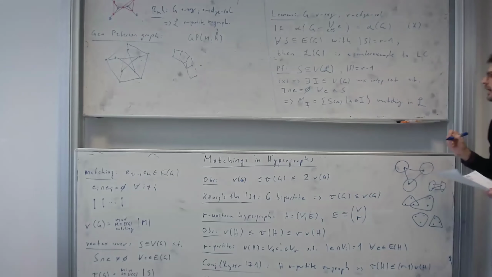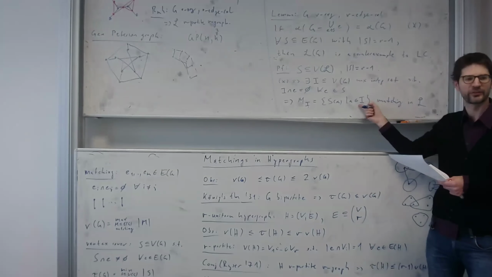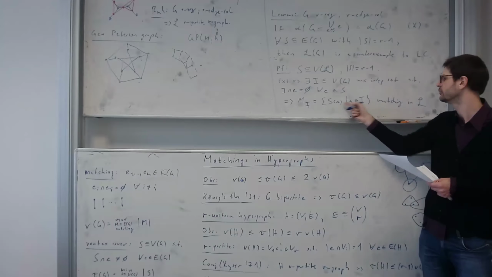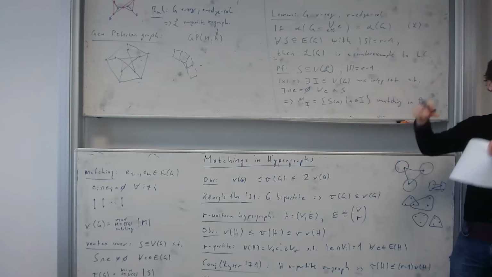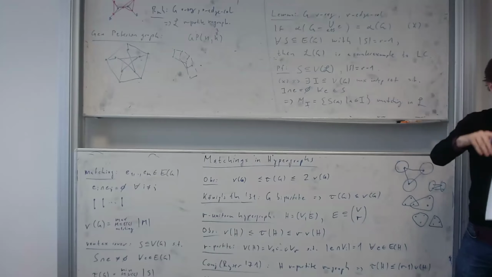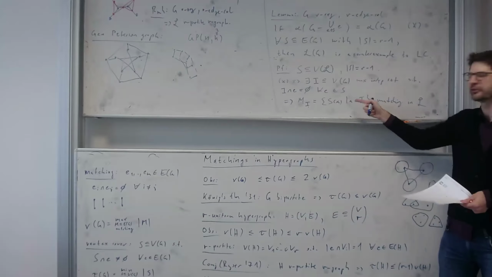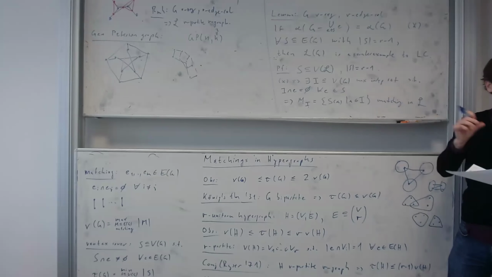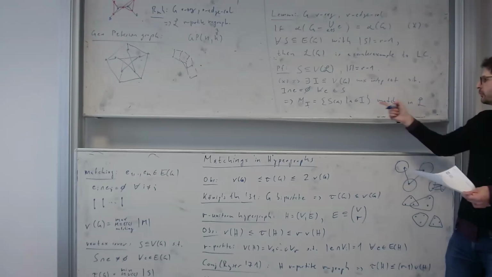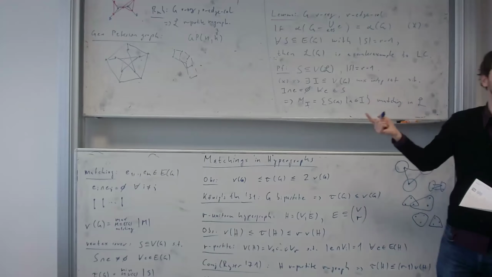because these are independent sets, right? So there's no edge in between two elements of I. So if we go to the line hypergraph, if we go to these incidence sets, one for A and one for A dash, they cannot share the same edge because otherwise we would have an edge in the independent set, which we don't have.